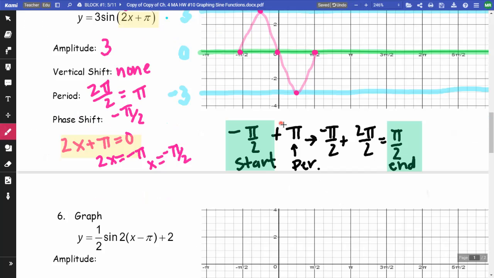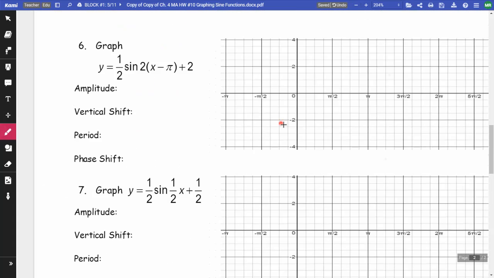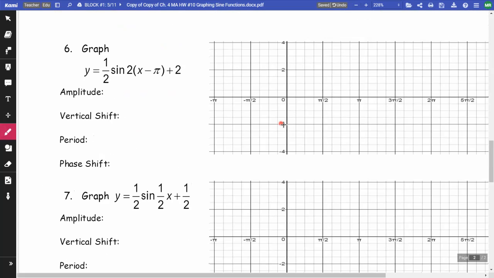Okay, on number 6, on this one, my amplitude is going to be 1/2. My vertical shift is going to be this +2. My period is going to be 2 pi over this b, which is 2.